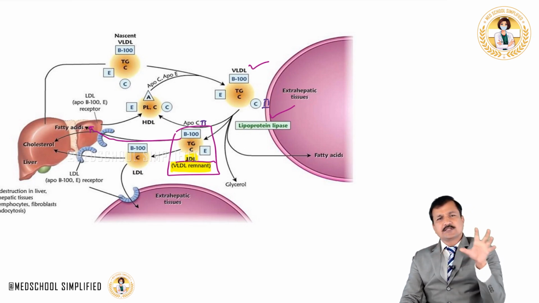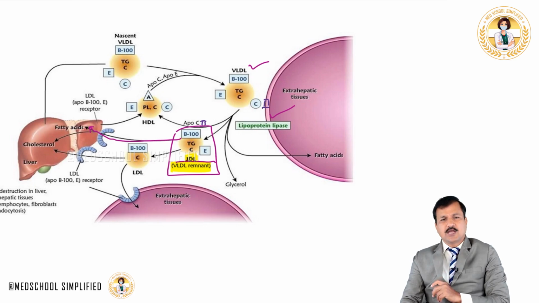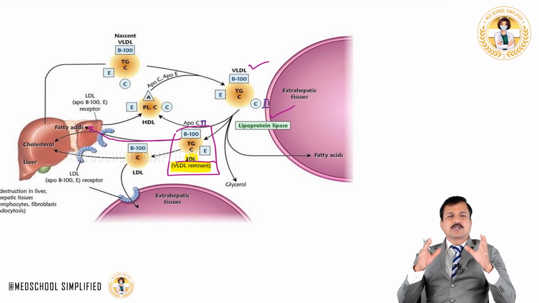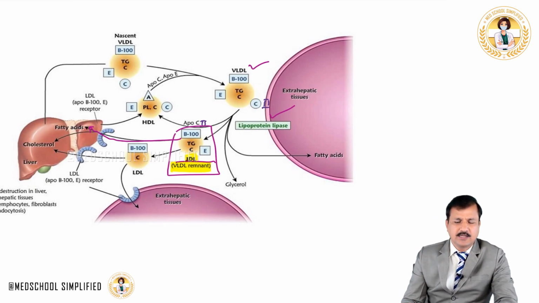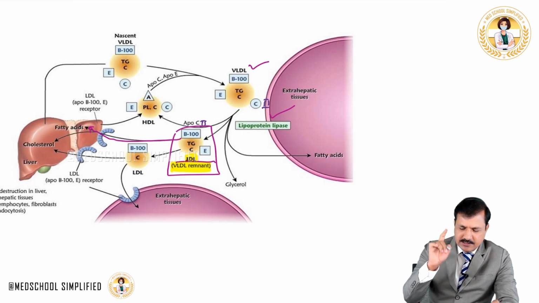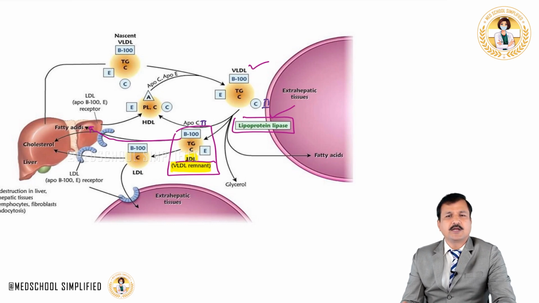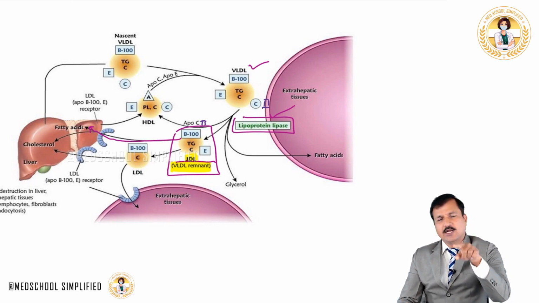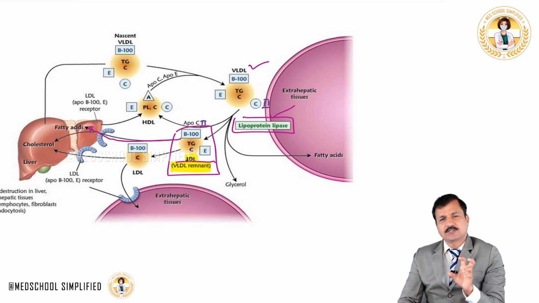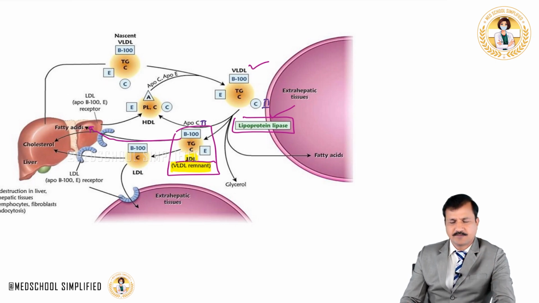So IDL has a different fate, including formation of LDL, and LDL is taken up by the liver and extrahepatic tissue as shown in the figure here, and we are going to see that in subsequent slides. So let's stop at metabolism of VLDL there. One of the enzymes that is converting VLDL into IDL, remember, is lipoprotein lipase. Similarly, the enzyme that is converting chylomicron into chylomicron remnant is lipoprotein lipase. Remember that.